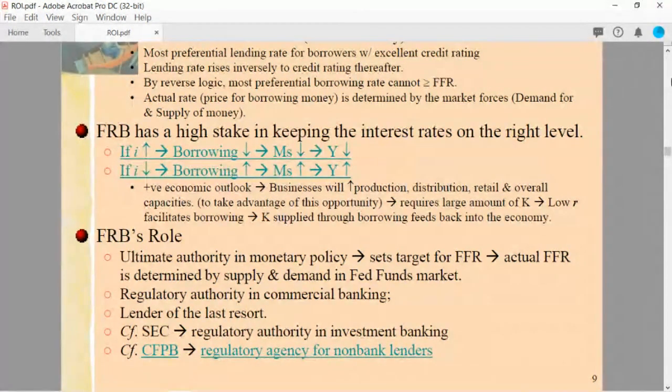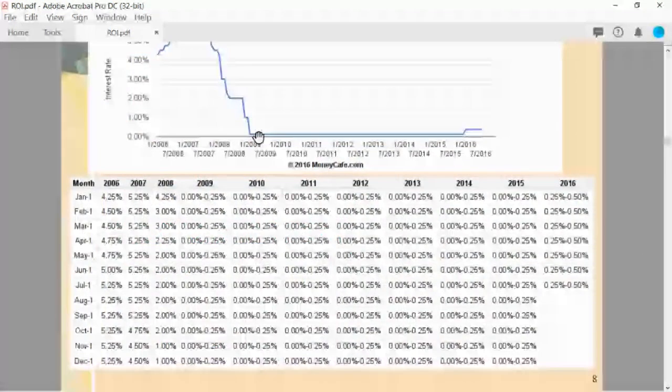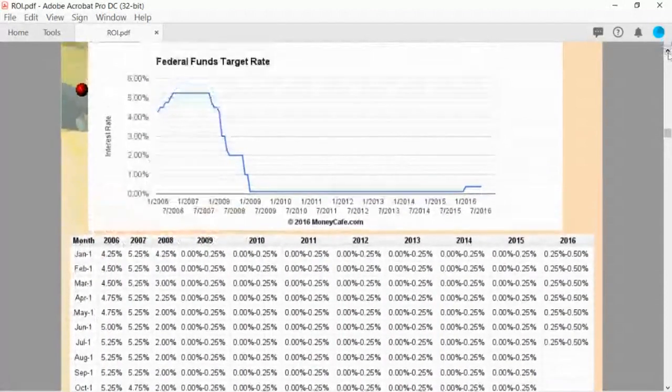Okay, so all these are literally target rates. Target rate means, from January 2009 through December 2015, it was 0.25%. Now, look, if the target is 0.25, that means a range.